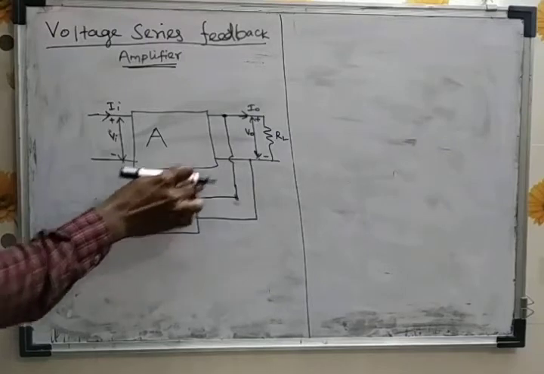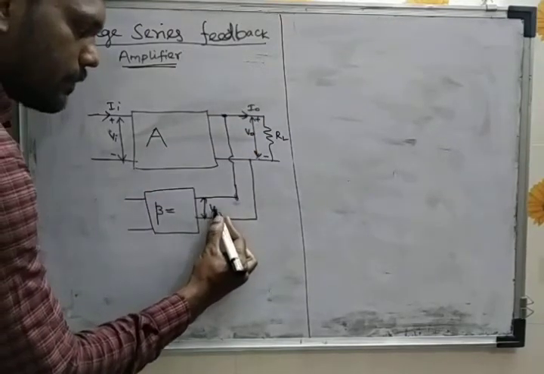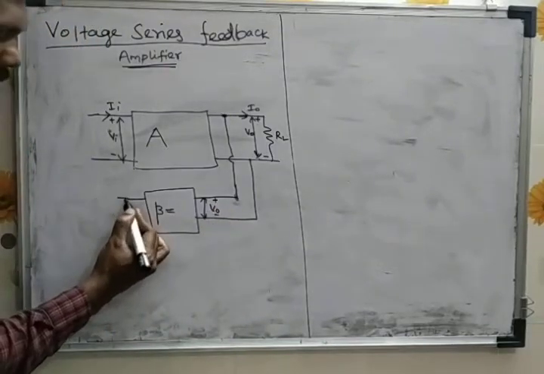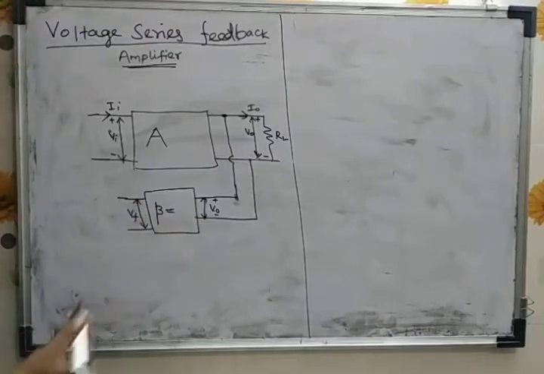So input to the feedback network is V naught and output of the feedback network is Vf.